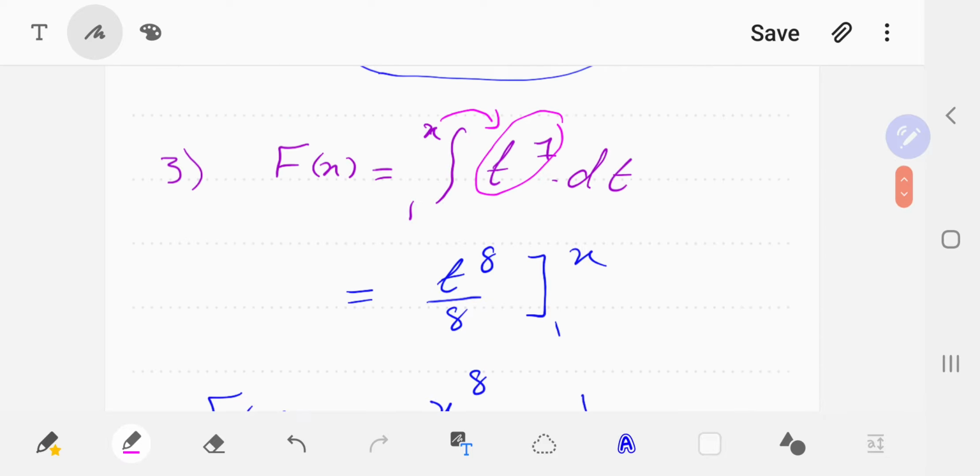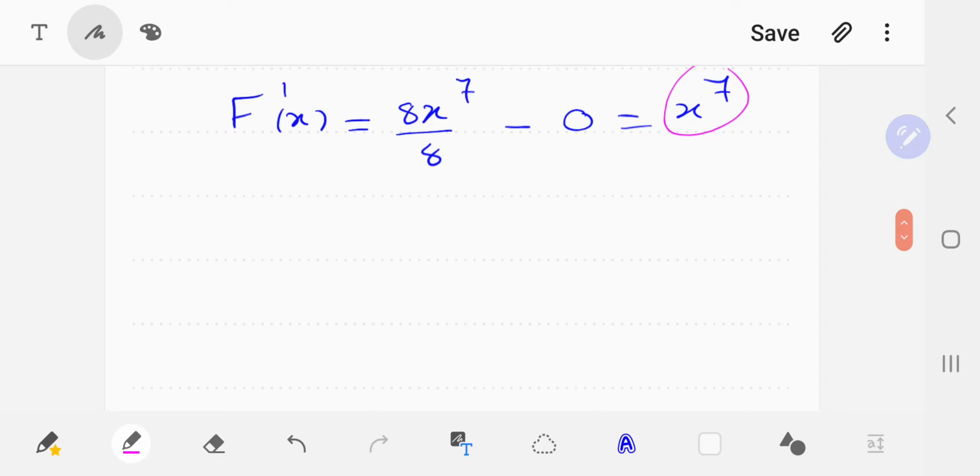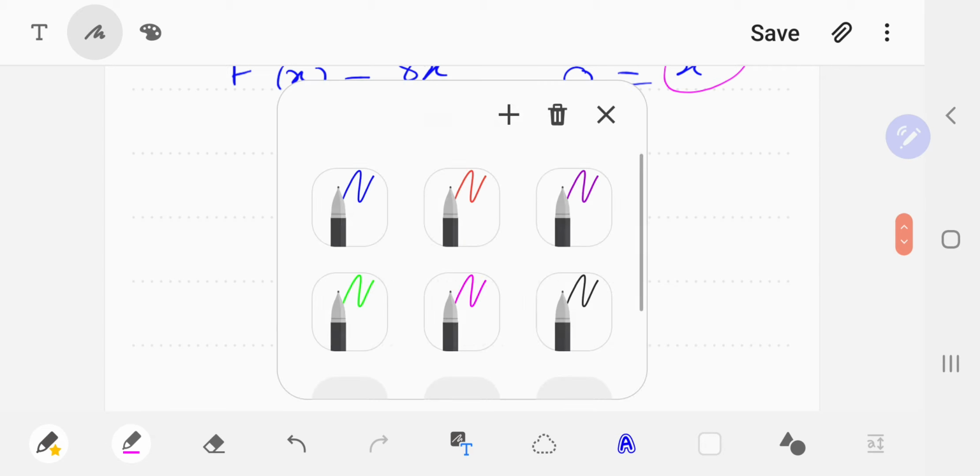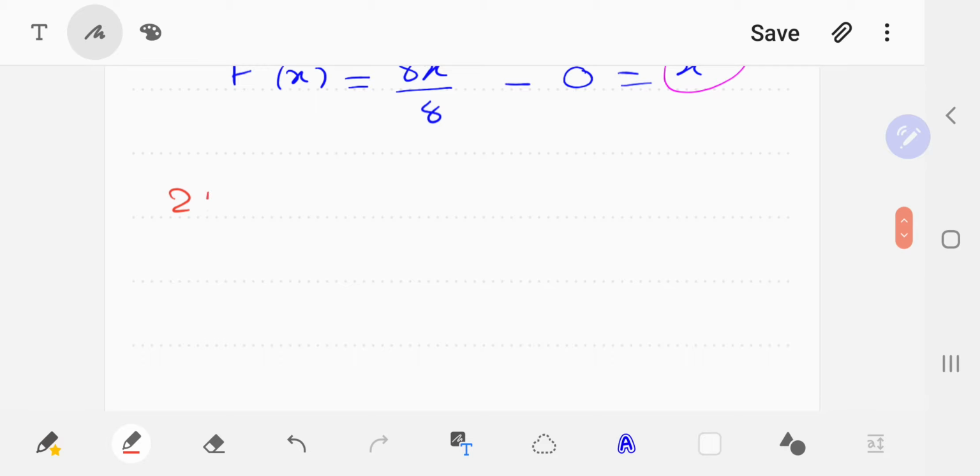So if I have the integration from a to x of f of t, a function that depends on t, dt, then the derivative will be just replacing x inside. And actually this is the second fundamental theorem of calculus.